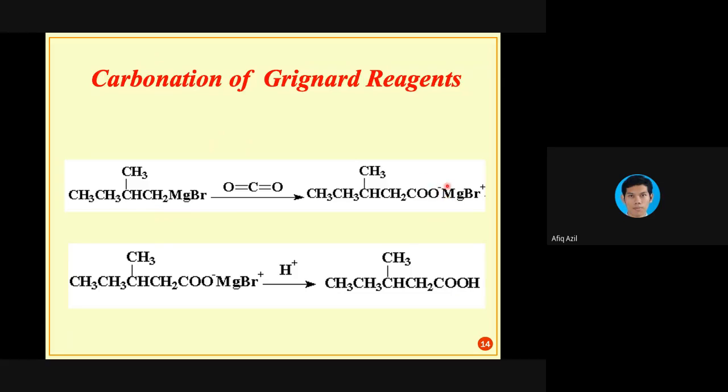You have here a negative charge and MgBr over here is positively charged. And then with the help of an acid, so this is H plus, which basically comes from acid, a proton, it will form a bond with this O minus over here. So hence you will get the carboxylic acid as the product. And the MgBr will be removed altogether. So basically this side is the R group.